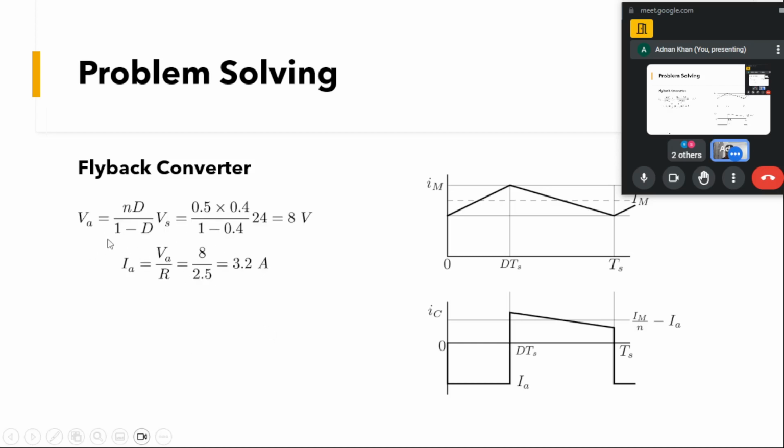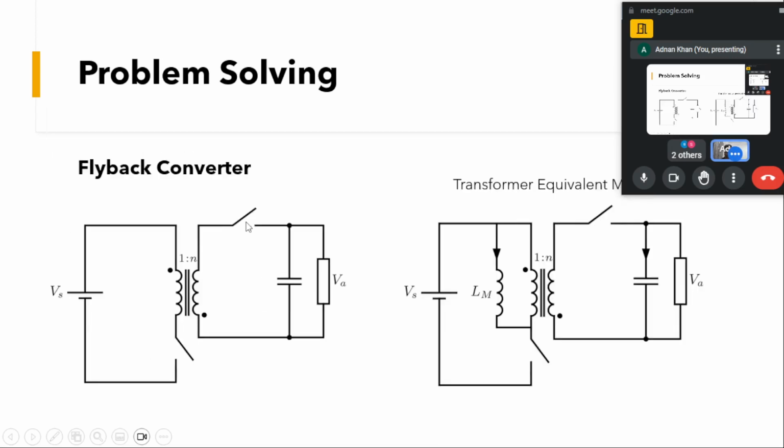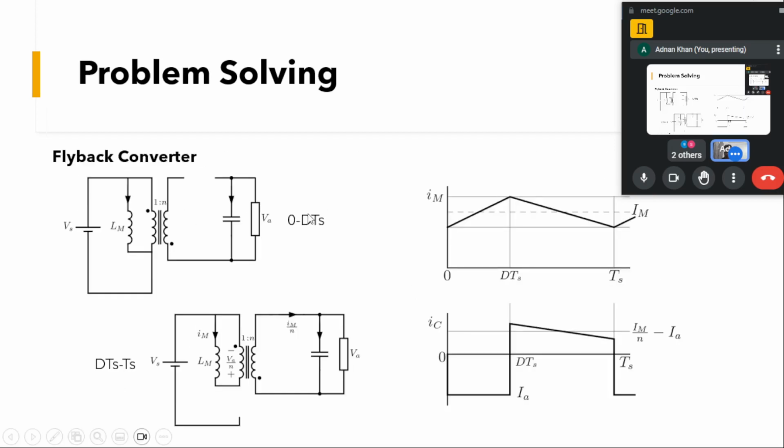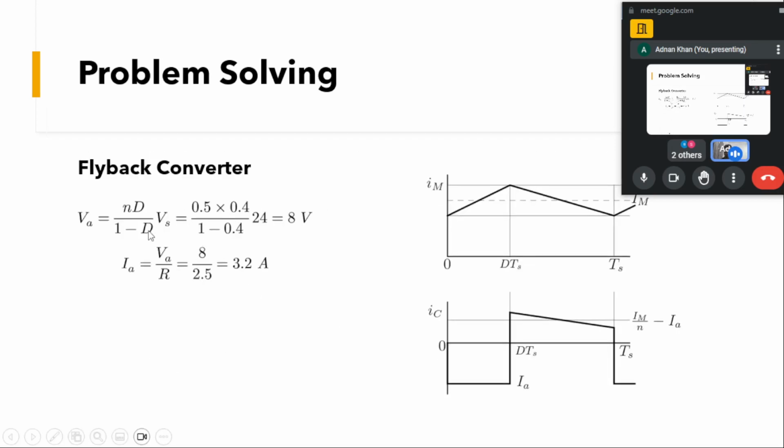Also, we know that for the flyback converter, output and input have a relation similar to the buck boost topology, like we have n D by 1 minus D times Vs. n is given to us, and D is given as 0.4. Vs is also given, so we have the output equal to 8 volts.